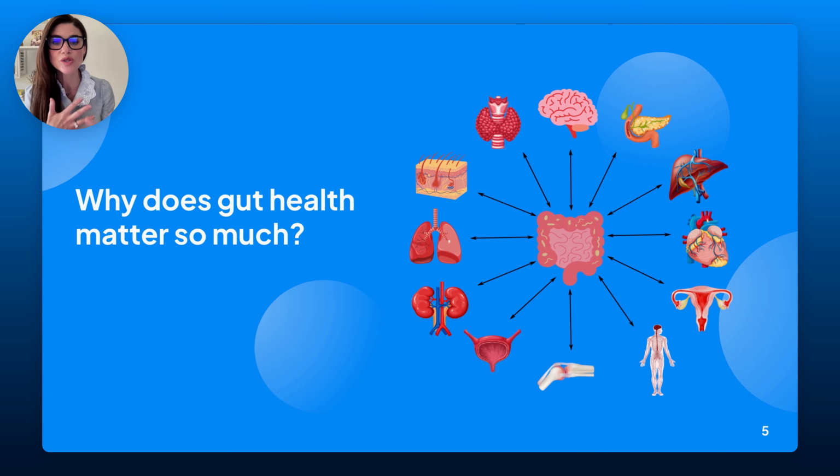We see this huge correlation and connection between the gut and our skin health, gut and endocrine glands like the thyroid. And so what we see actually here is not that the digestive system is in the background and all these other organs are so important. It's that all of the health of these other organs actually outflows from the digestive system. So when we're talking about root cause illness, when we're really talking about getting to the root of our clients' issues, we really do need to focus on the gut.